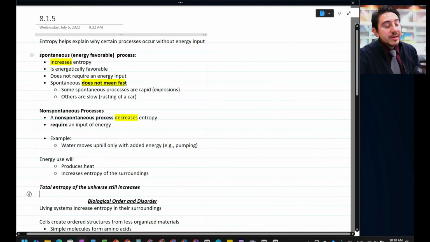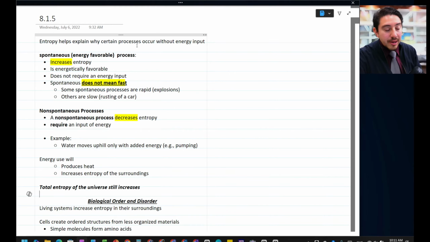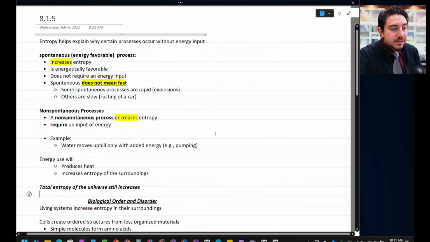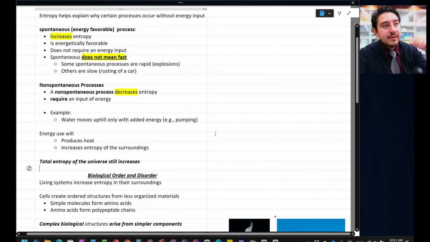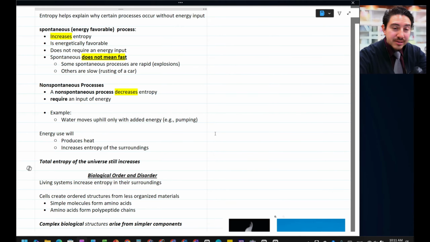So entropy helps explain why certain processes occur without any energy input. There are two terms that we need to think about: spontaneous process. In this case, spontaneous means that it's energy favorable.